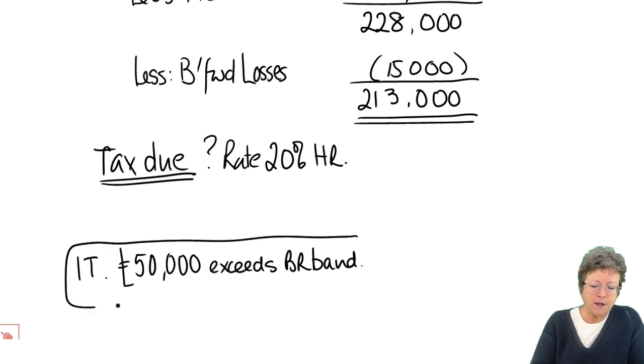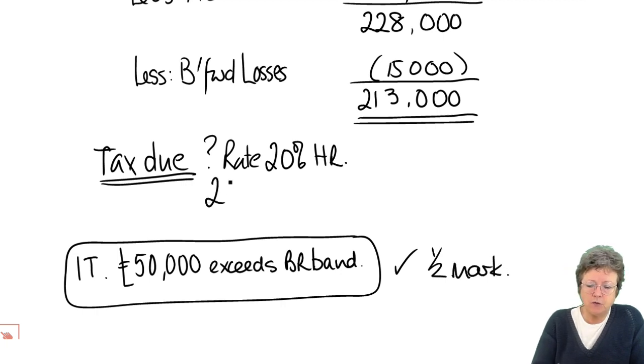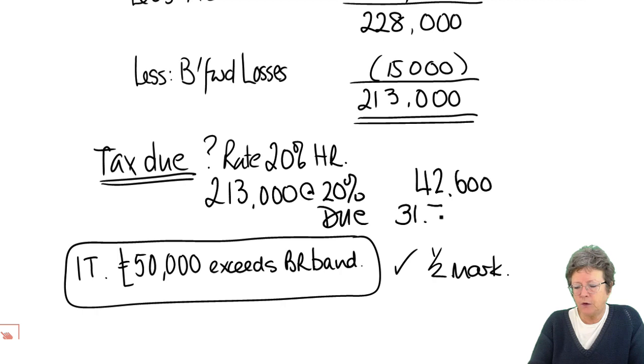Okay, see that note there? Write it in, please. It will get you half a mark. So the tax is 213,000 at 20%, which is 42,600, and always write down it is due 31st of January 2024.